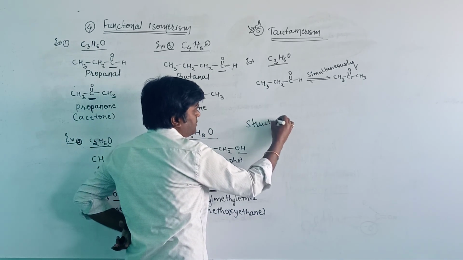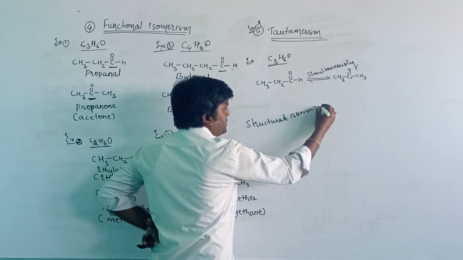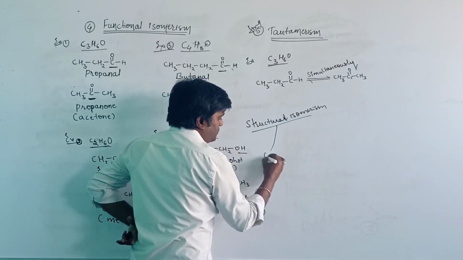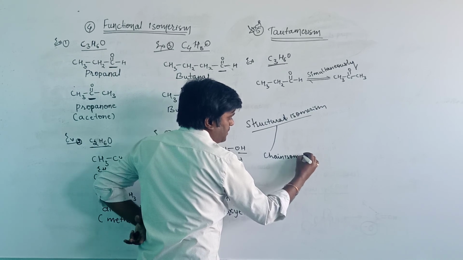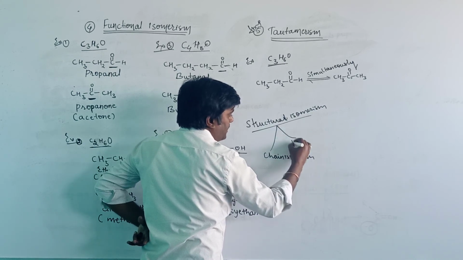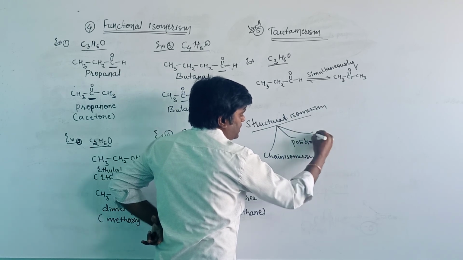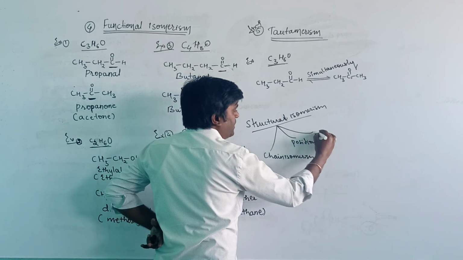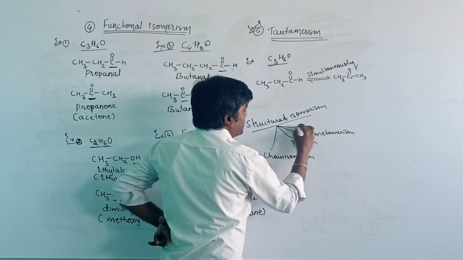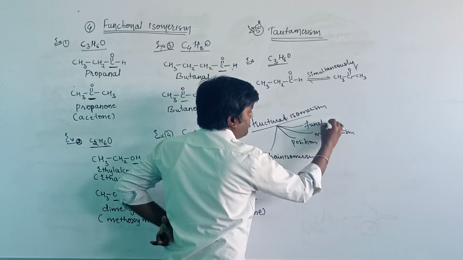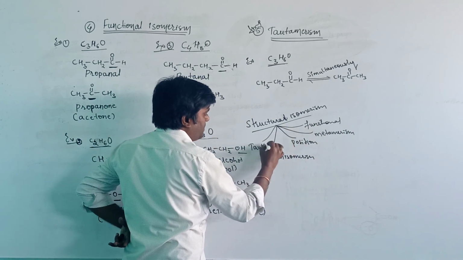Structural isomerism, as we have seen in the last class, is divided into chain isomerism, position isomerism, metamerism, functional isomerism, and the last one is tautomerism.